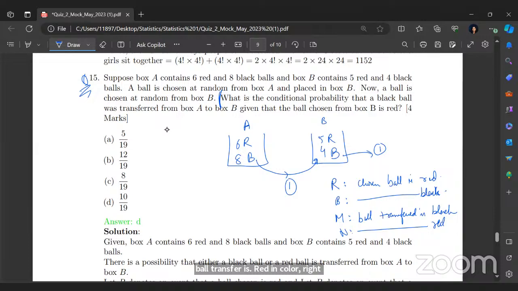What do you have to find? You have to find the conditional probability that a black ball was transferred from box A to box B, which is probability of M, given that the ball chosen from box B is red. So the ball chosen from box B is red, is R, right?